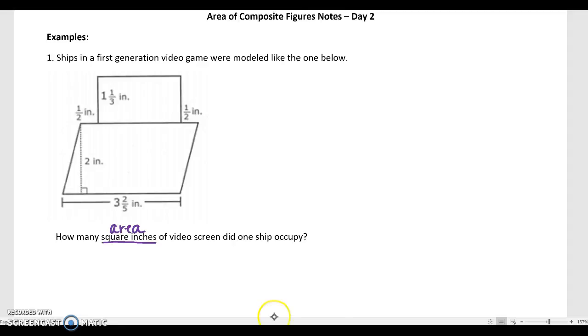So I see up top, I see a rectangle. Okay. So I am actually going to use colors because it's easier for me to see. So I encourage you to do that as well. So we're going to do a rectangle. And then down here I see, looks like a parallelogram to me.